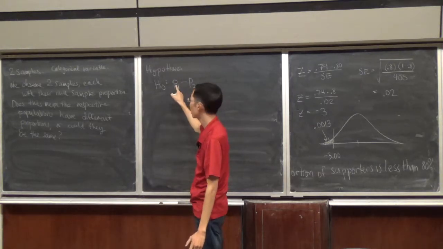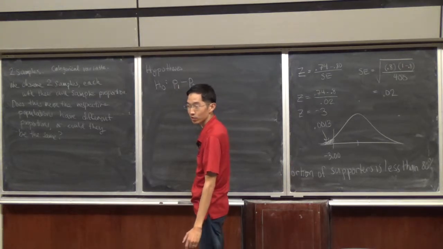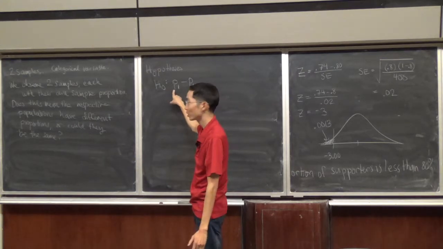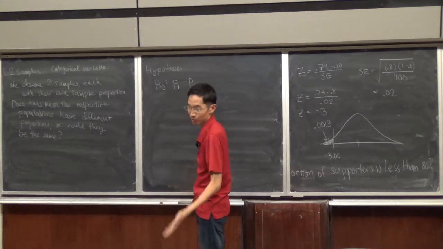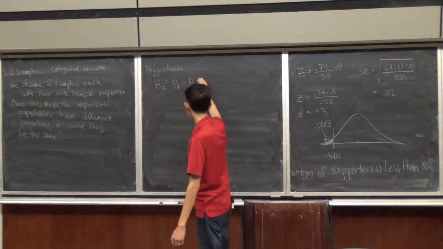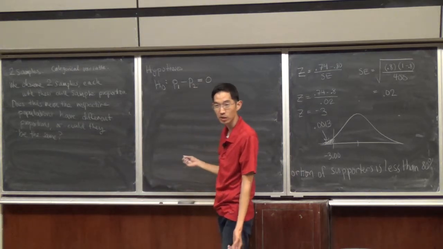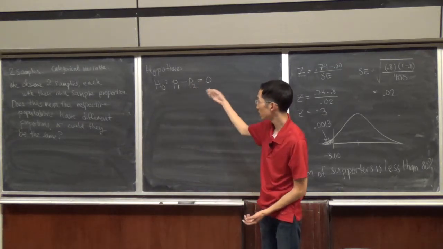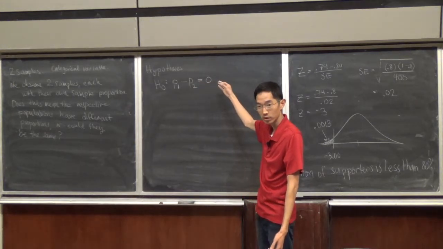This might be the percentage of all males that are left-handed versus the percentage of all females that are left-handed, or percentage of all males who paint their nails and percentage of all females who paint their nails, whatever. Okay? The null hypothesis is that there's no difference between those two proportions. So unlike the other ones, this one will always be P1 minus P2 equals 0.